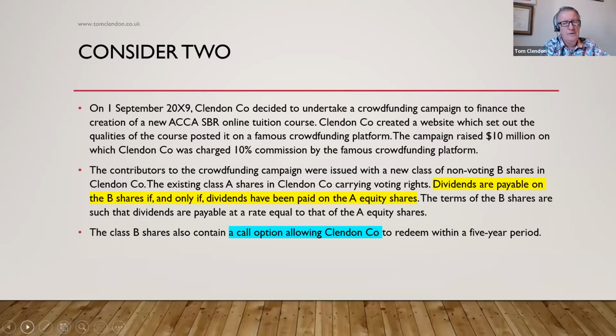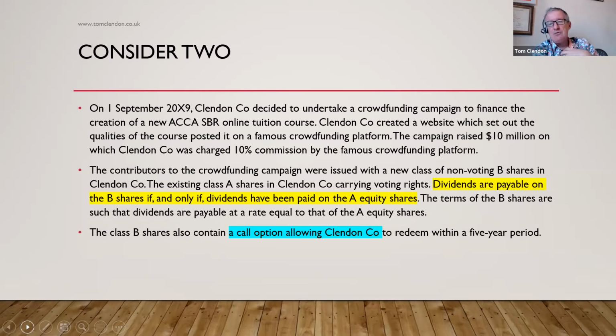Correct. Clendon is under no obligation to redeem the shares. No obligation. It can if it wants to. It has a call option. So Clendon can call the shares back, but they can't put them back on me. If they can put them back on me, I would have an obligation to pay them the money back.